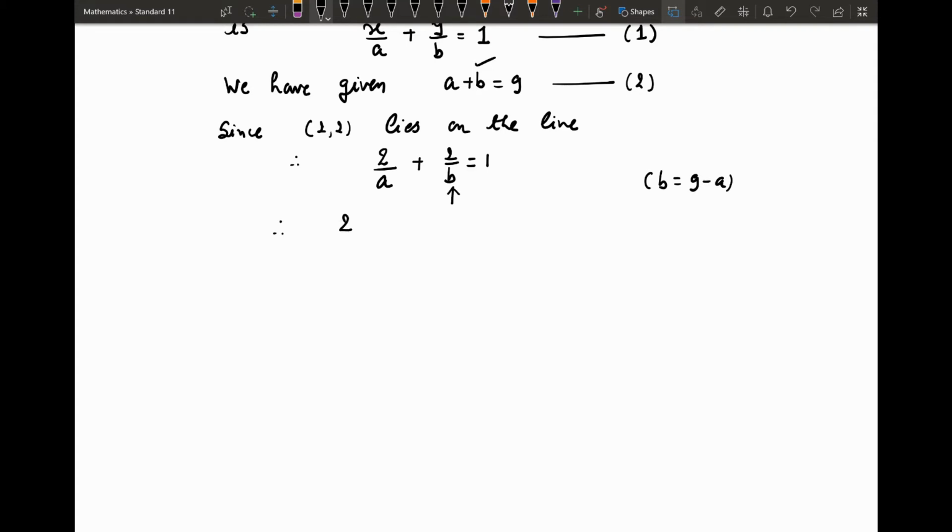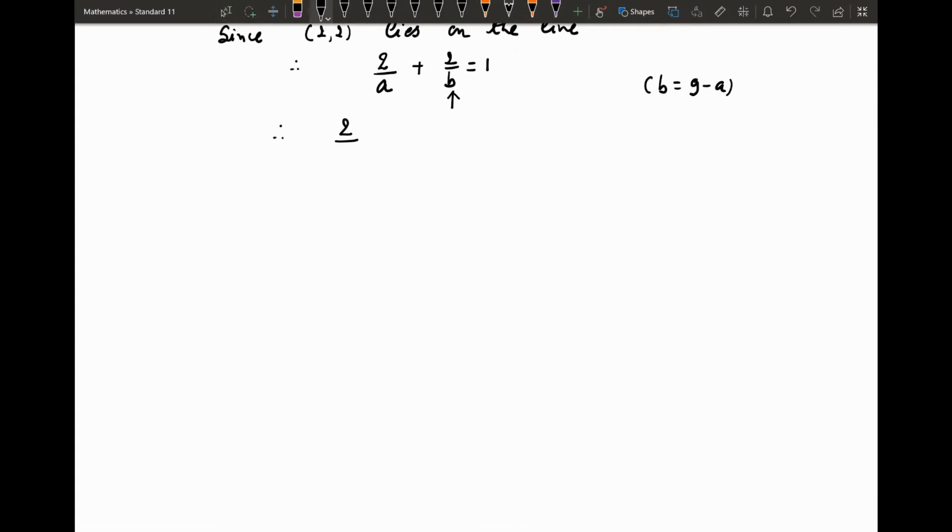Therefore 2 by a plus 2 by 9 minus a equal to 1. We get this because b equal to 9 minus a.